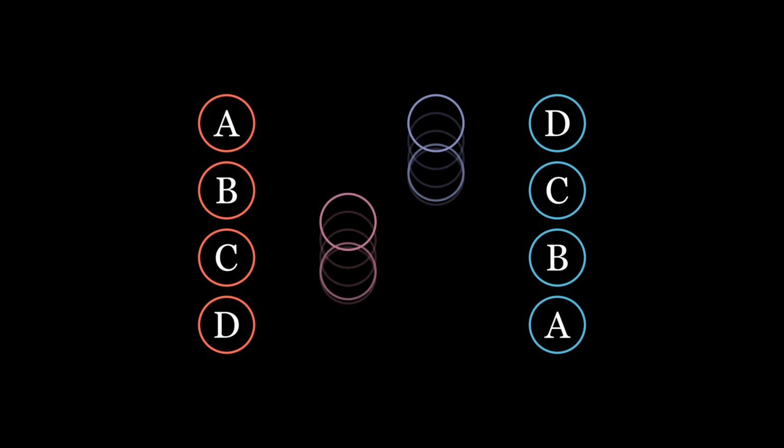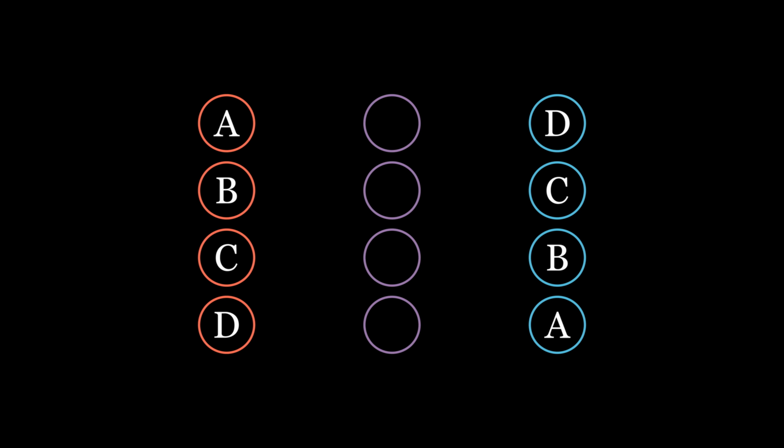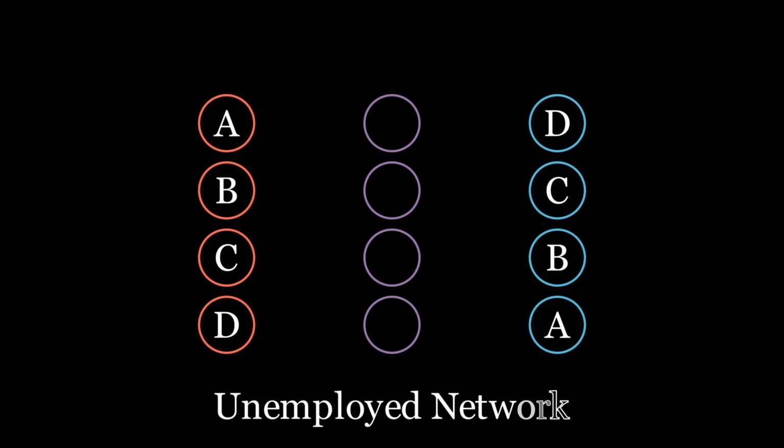Maybe the first one has neuron 1 do job A, neuron 2 do job B, neuron 3 do job C, neuron 4 do job B. And the second one might have job D done by neuron 1, job C done by neuron 2, job B done by neuron 3, and job A done by neuron 4. Now, if you swap out the weights from these 2 different neurons, you're going to end up with a bunch of neurons that don't do any jobs and just predict the wrong outputs.